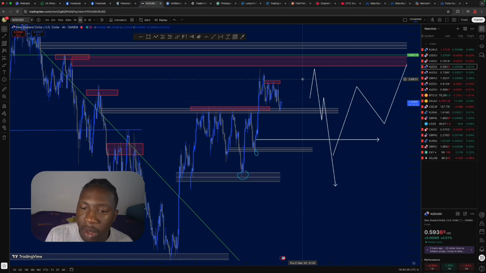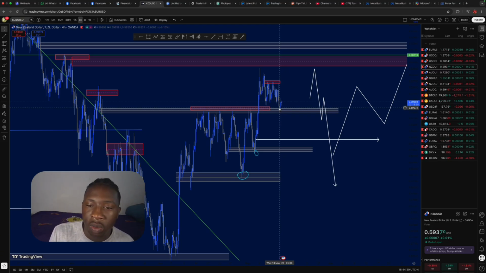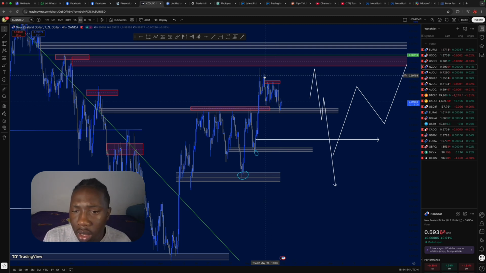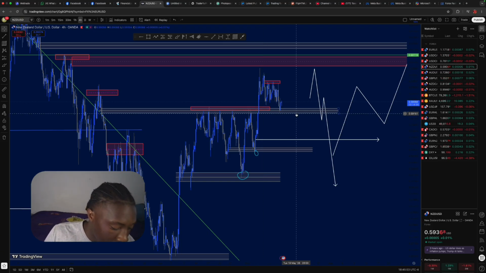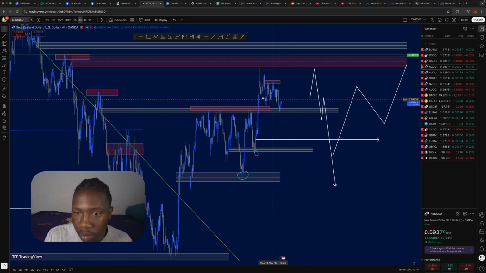So yes, but the market also did confirm that it is moving to the downside, a break of structure to the downside. We need a break of structure to the upper side to confirm or to liquidate or to remove all the stops that first sellers put, saying that the market is now ready to move to the downside, because we are able to see that the first sellers are not causing the markets to move to the direction the market wants to move.